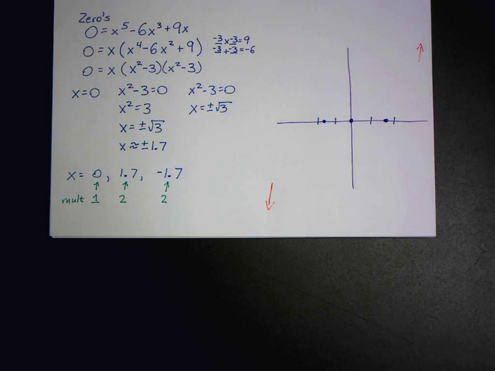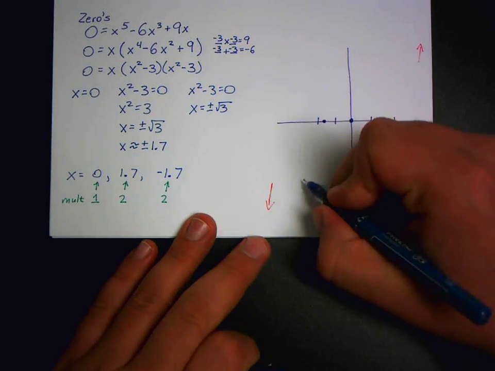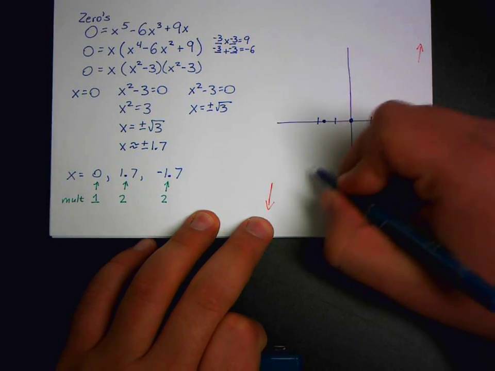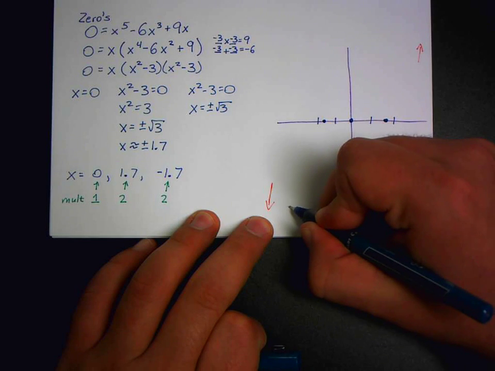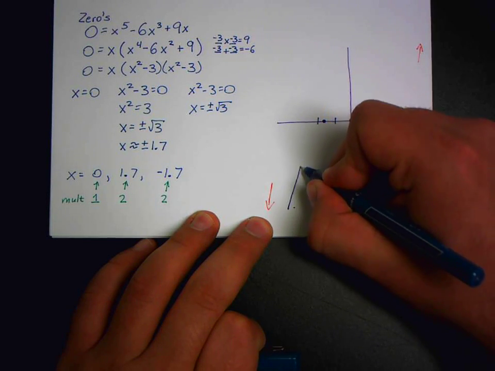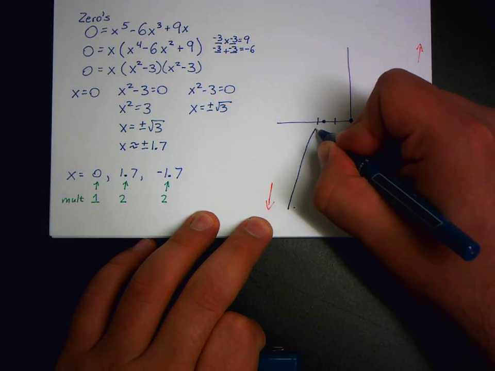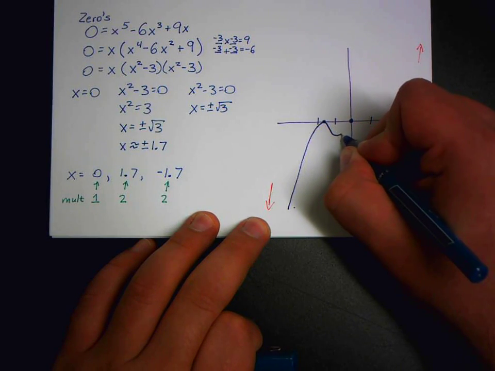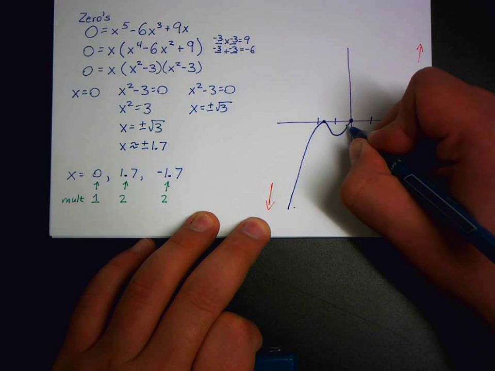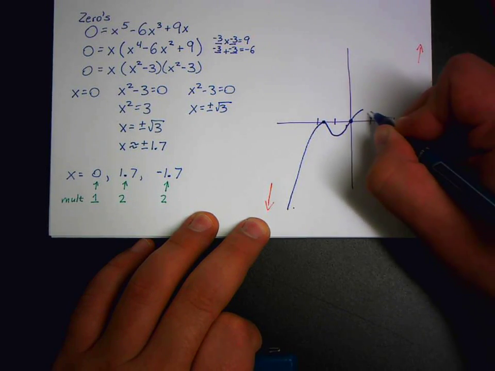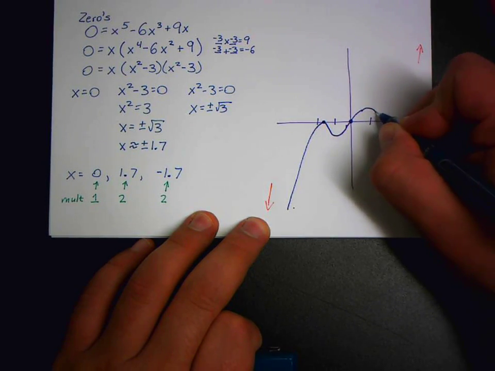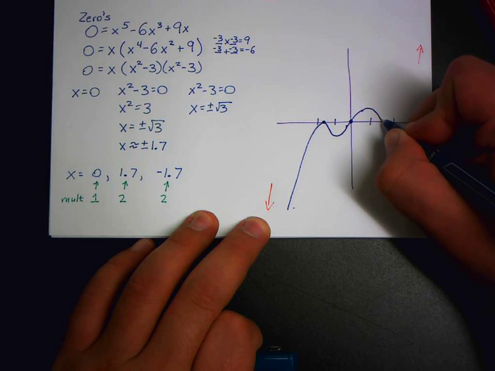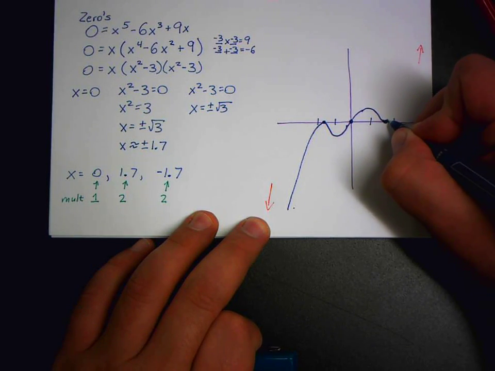Alright, so whenever I go to graph, my end behavior down here is down, so I need to come from the bottom. Since this one occurs twice, I need to bounce off of it, go through the 0, bounce off of that one.